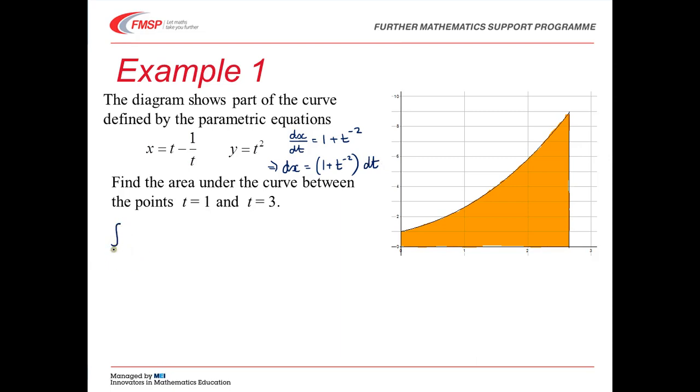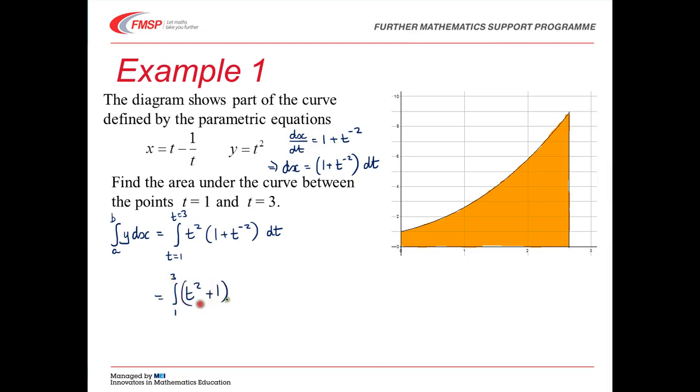Okay, integral from a to b of y dx is, I'm going from t equals 1 to t equals 3. Y is t squared, and dx is 1 plus t to the minus 2 dt. So that's from 1 to 3 of t squared plus 1.